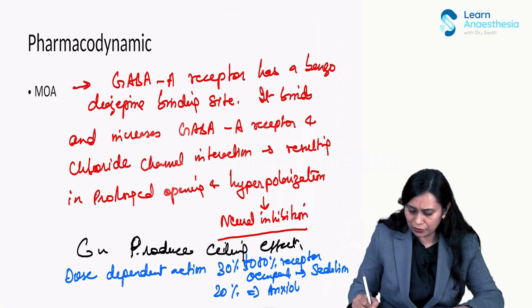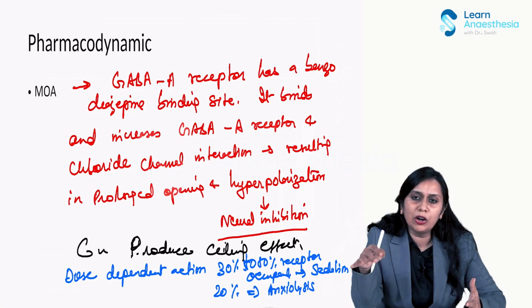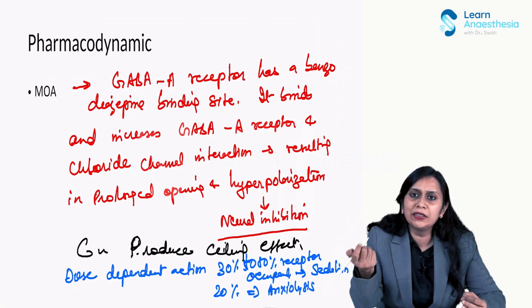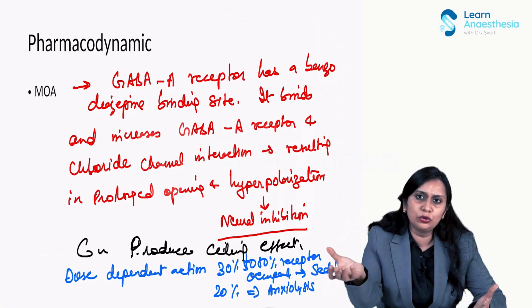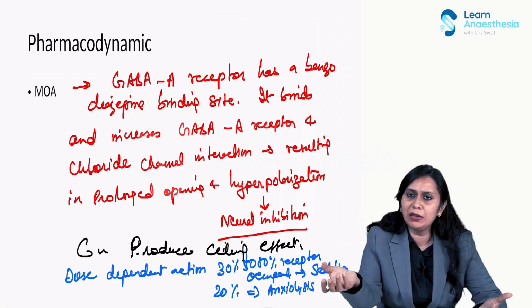So accordingly, we can increase the dose according to our requirement. The anxiolytic dose is less, and definitely the sedation dose will be more. The effect is dose dependent, and if you increase the dose more, the patient will become unconscious. With more occupancy of the receptor, the patient will become unconscious.